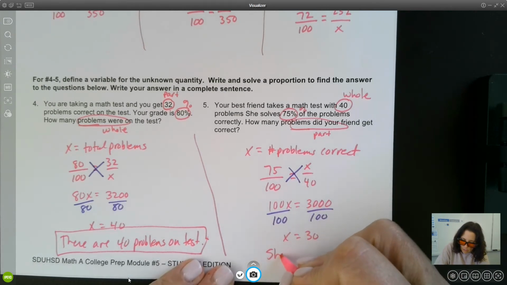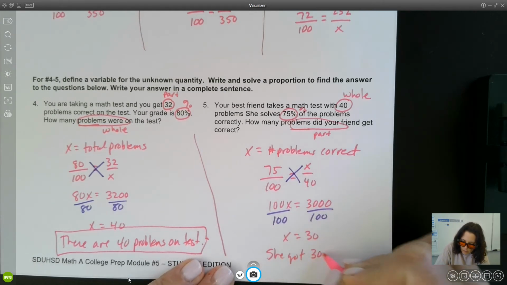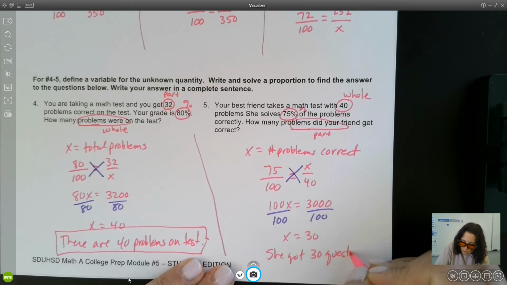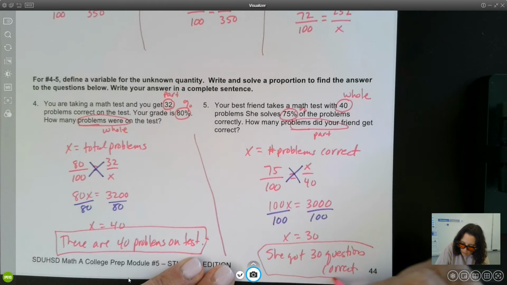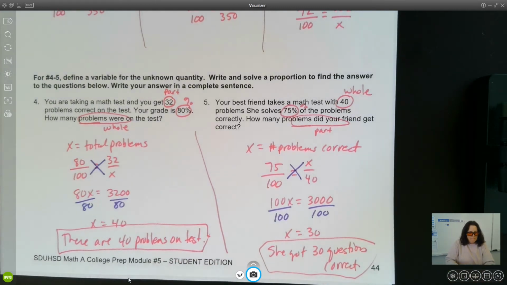Okay, so she got 30 questions correct. Okay, got two more. Two more on the next page.